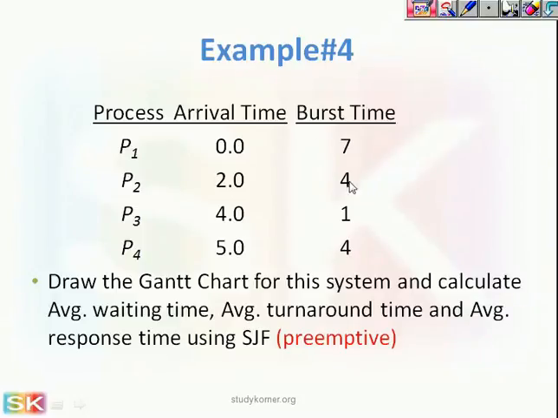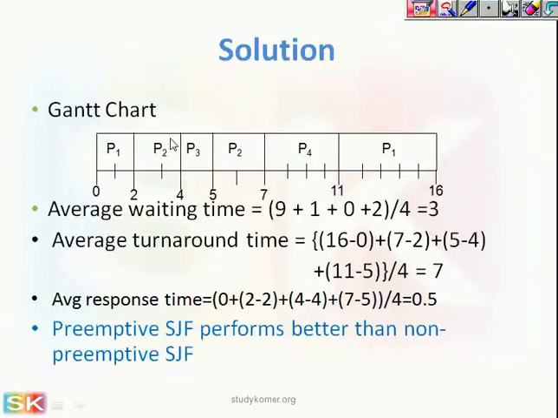P2's burst time is smaller than P1's burst time, hence P2 is having high priority than P1, so P2 will preempt the running process P1 at time 2, right?